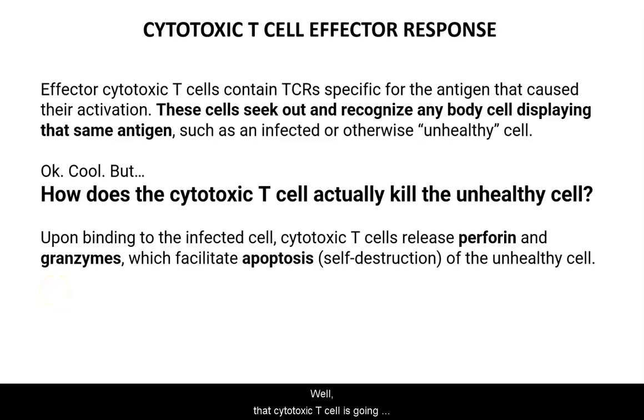Well, that cytotoxic T cell is going to bind to the antigen on the infected cell, and then it's going to release these things called perforin and granzymes, which are going to signal that cell to self-destruct through apoptosis.